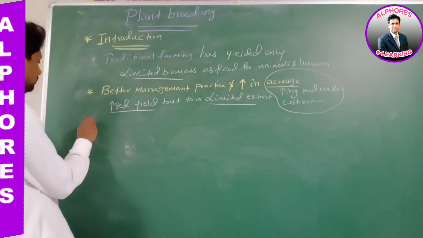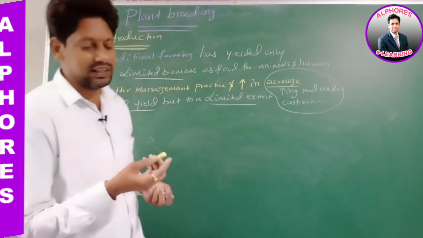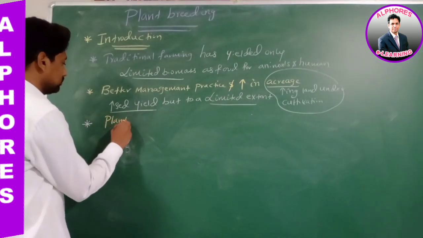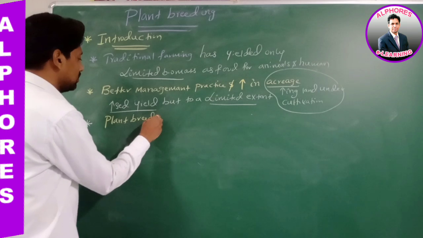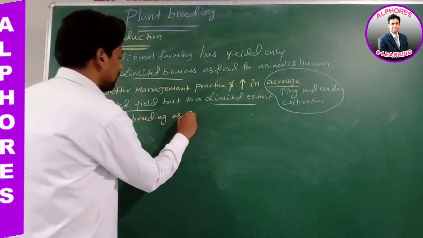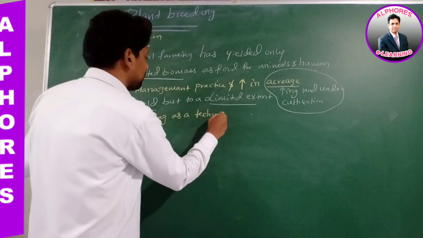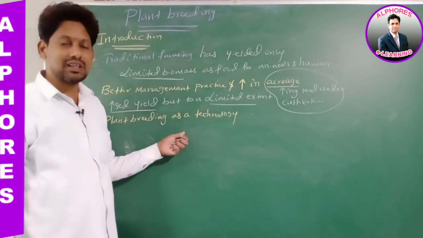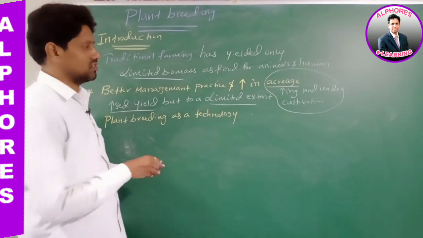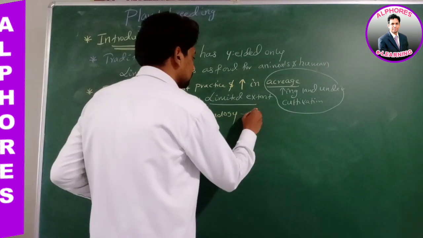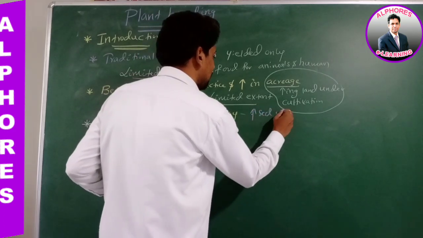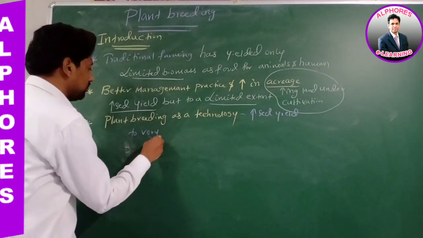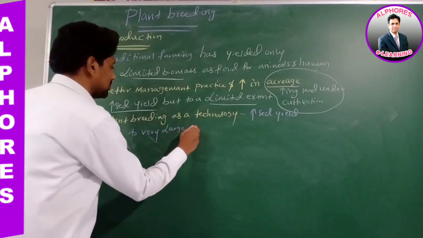Next one. We are discussing plant breeding, right? Plant breeding as a technology. Plant breeding as a technology increased the yield to very large extent. Increased what, sir? Yield to very large extent.